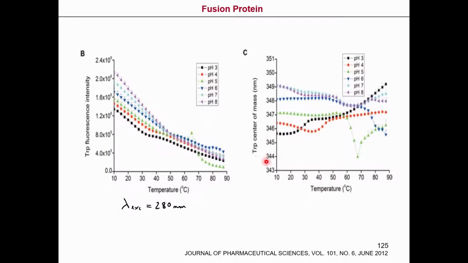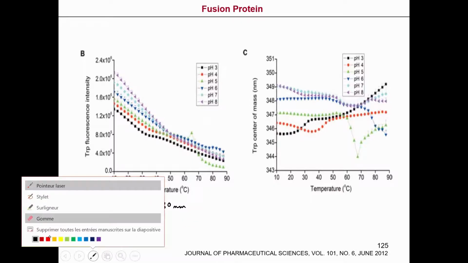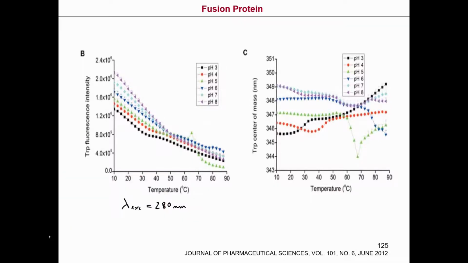Now we plot the center, the maximum indeed, of the fluorescence against the temperature. It means that when the maximum increases, you have a red shift, and when it decreases, you have a blue shift.